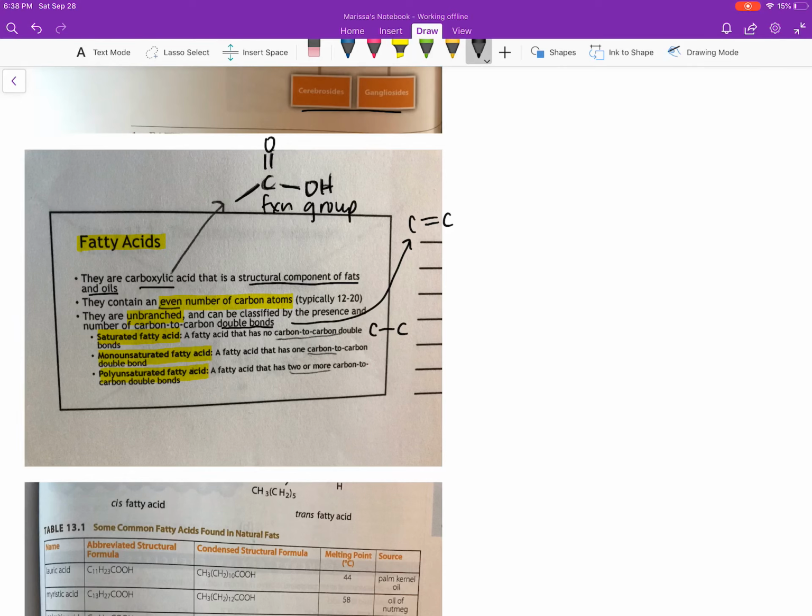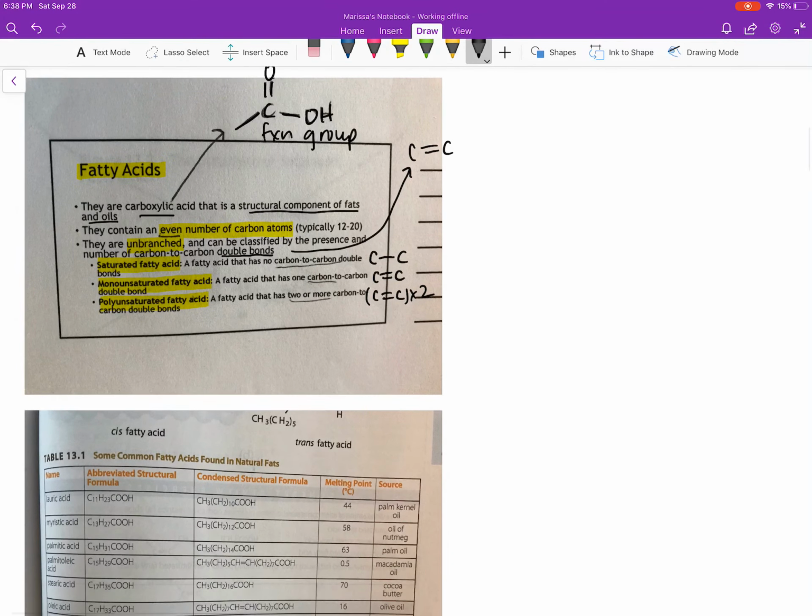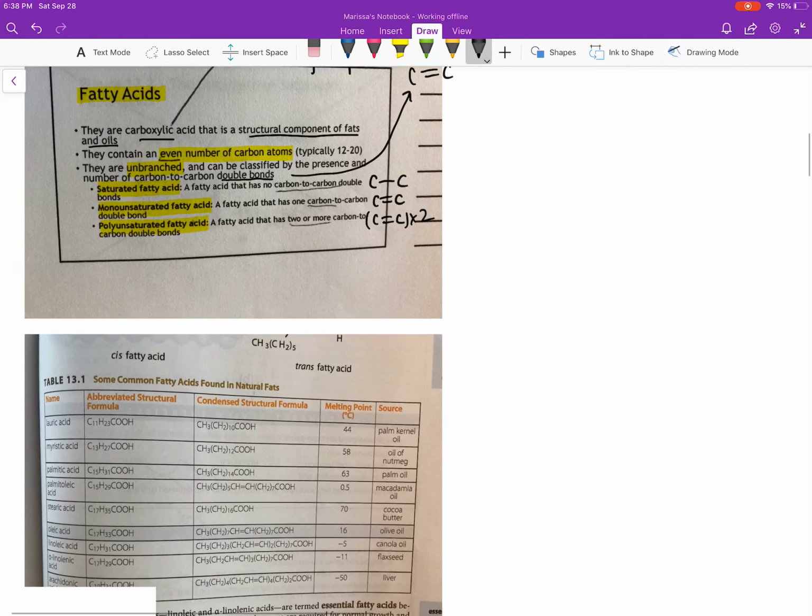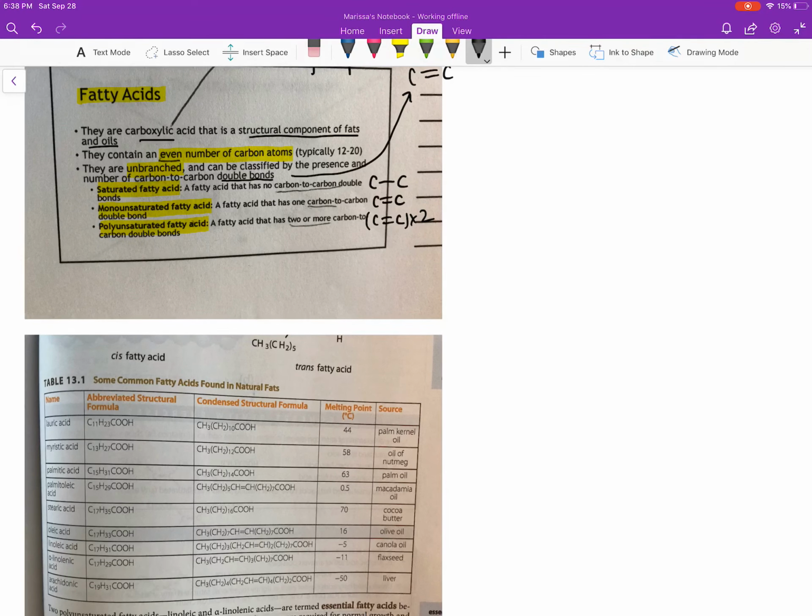Now, a monounsaturated fatty acid is a fatty acid that has only one carbon-carbon double bond, and a polyunsaturated fatty acid is going to have two or more carbon-carbon double bonds. Okay, so given the structure, we could identify whether it is saturated, mono, or polyunsaturated.